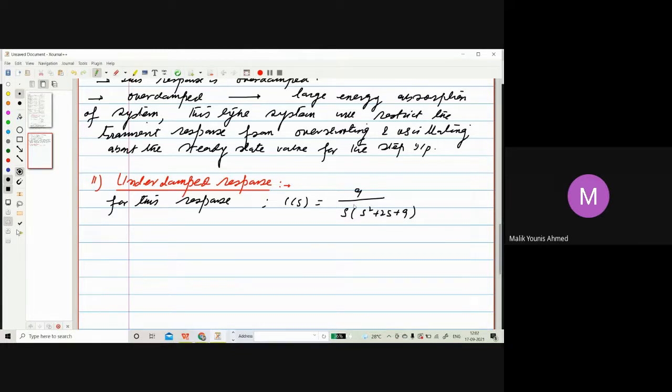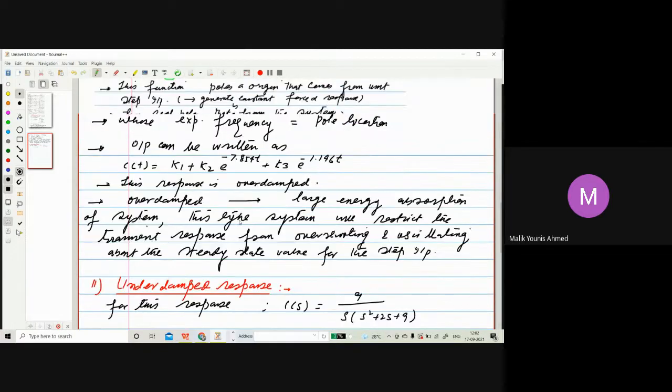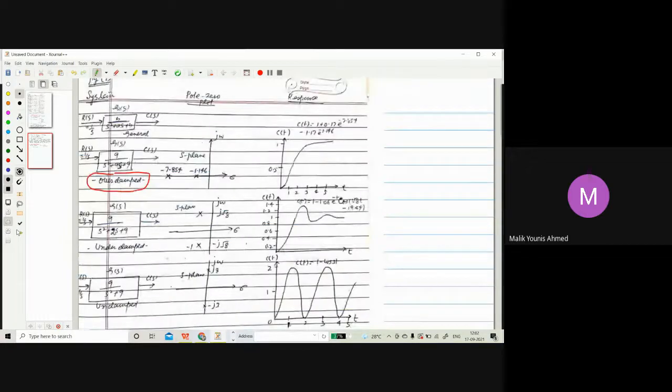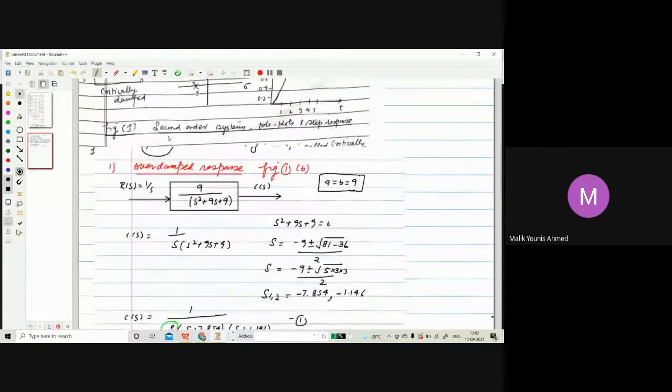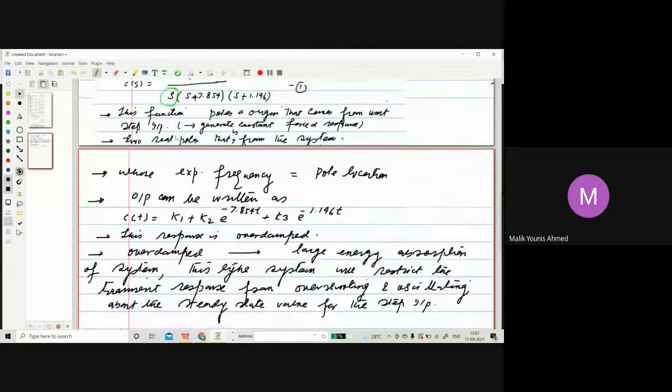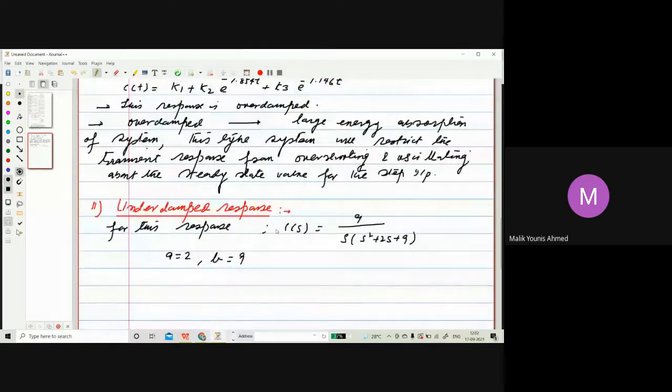Sorry, the B value is 9 and A is 2. You can see here our general form is B by S square plus AS. So B is 9. A we are changing; earlier we had 9, now we have assigned the A value as 2. Let's see what is going to happen in this case.